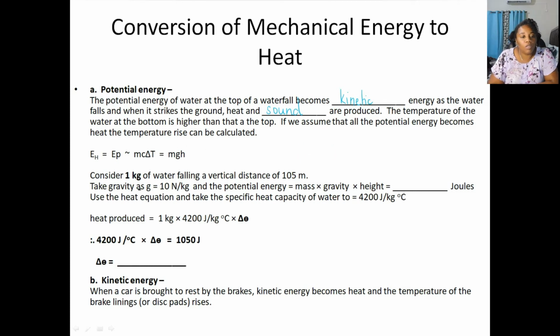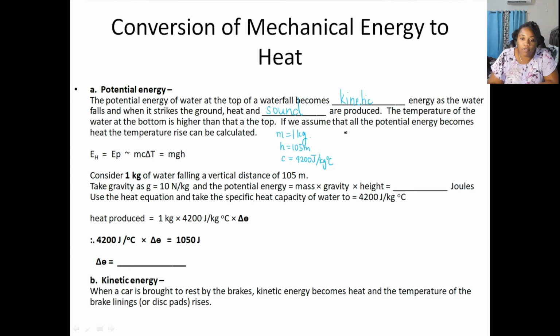This, consider 1 kilogram of water falling a vertical distance of 105 meters. So we have the mass of 1 kilogram and we have the height of 105 meters, and we know that the specific heat capacity of water, because we're dealing with water, is 4200 joules per kilogram degrees Celsius, right?